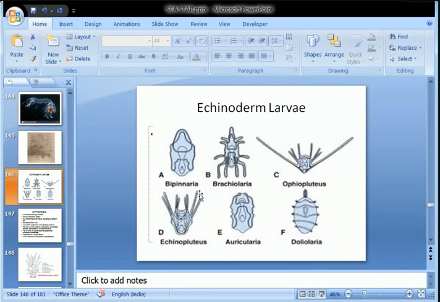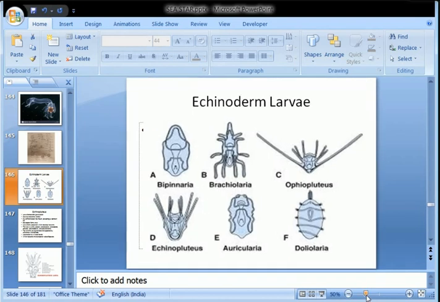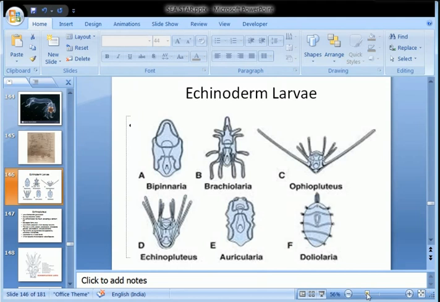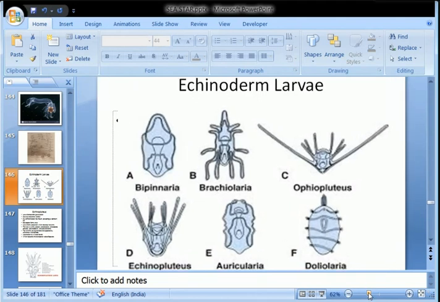So some of them are these which are common, such as bipinnaria, brachiolaria, Ophiopluteus here, Echinopluteus, this one. I hope this diagram is visible. I'm just magnifying and zooming in a little bit here. So this is Auricularia and Doliolaria.